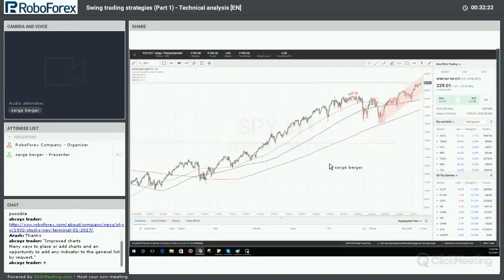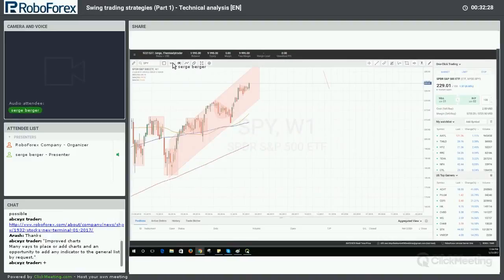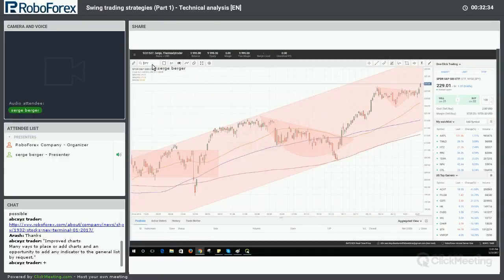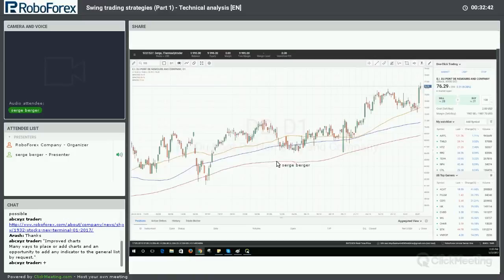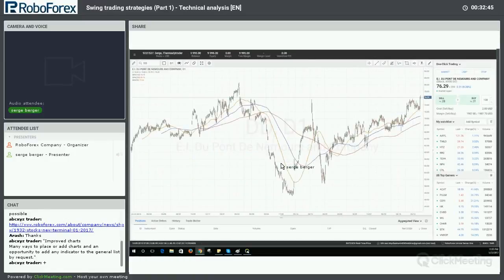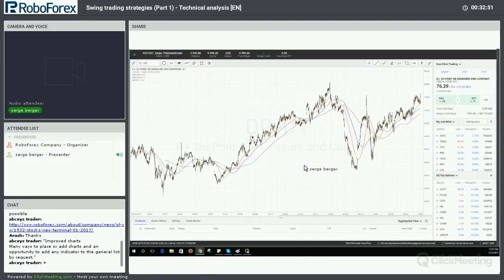Okay, so now we've looked at the S&P 500 for a considerable amount of time here. Let's look at some other things. Let me go into a real life example, and for that we can look at the stock called DuPont. It's ticker symbol DD on your Roboforex platform, and DuPont, in my opinion, looks very interesting right now for several reasons.